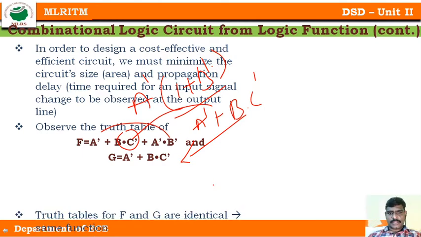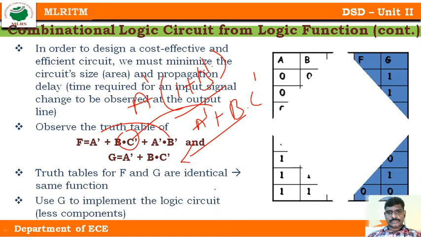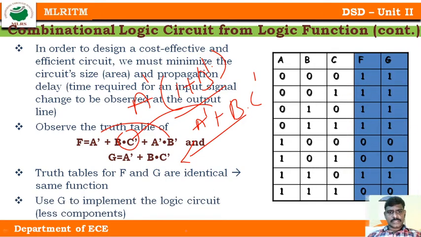So if I draw a truth table for F and G, both are identical because one is a simplified version of the same function. So the circuit implementing G has fewer components. Both give the same output, but if I see the difference between F and G, G has fewer components, and the circuit complexity is reduced because here I require only 3 gates, 3 input variables.